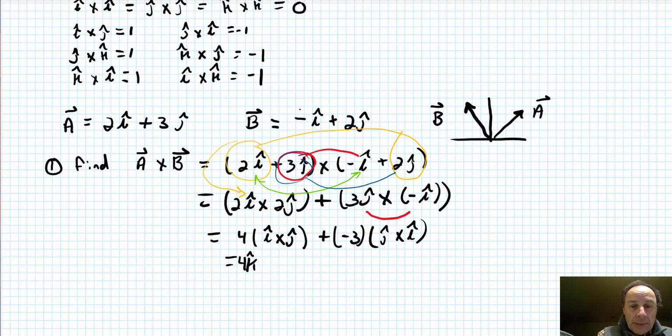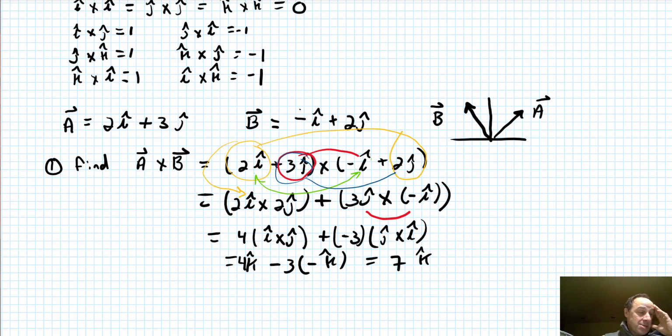And this over here is going to be minus 3 times minus k. So that's going to equal 7k.